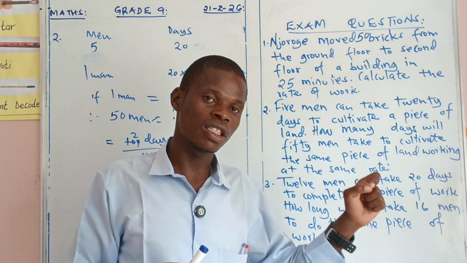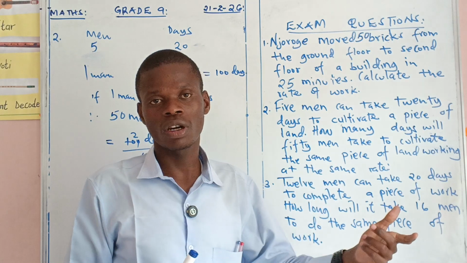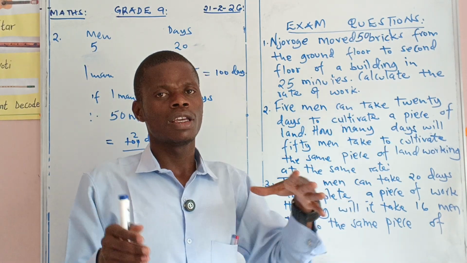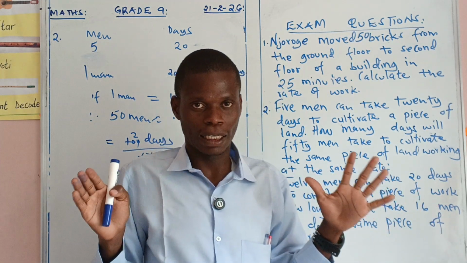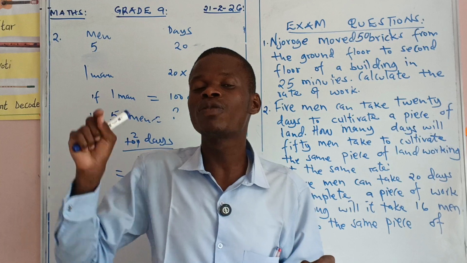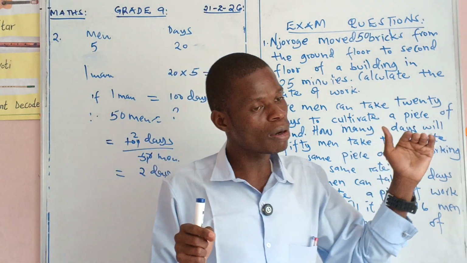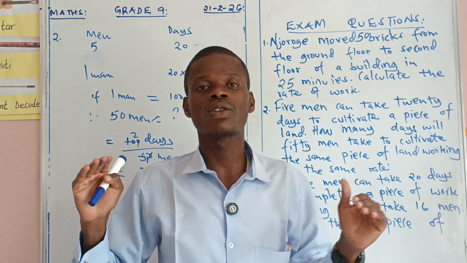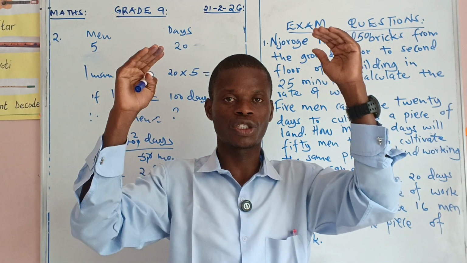But direct proportion, if you increase this, for example, if people are cooking chapatis, you increase the number of cooks, the number of chapatis will have to increase. But if you decrease the number of cooks, the number of chapatis will decrease. So that is now direct proportion.